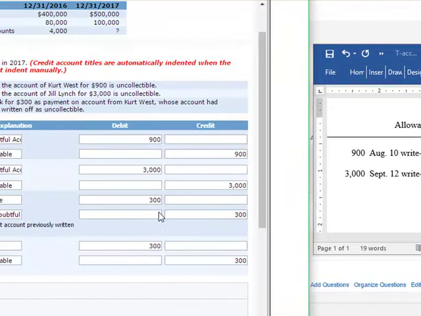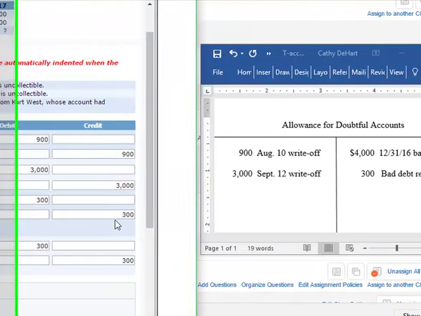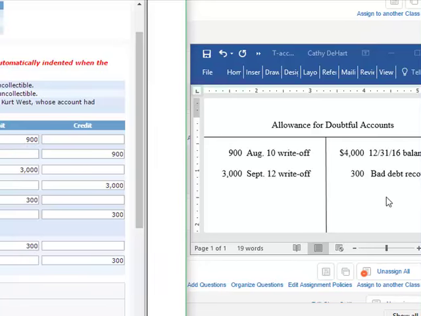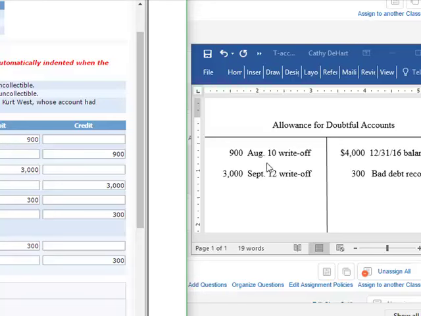Finally, when we had the bad debt recovery, we put $300 back into the allowance account. So I'm showing that $300 credit here for the bad debt recovery. And so these were all the journal entries that impacted my allowance for doubtful accounts during 2017, and of course carrying forward the ending credit balance from December 31st, 2016.